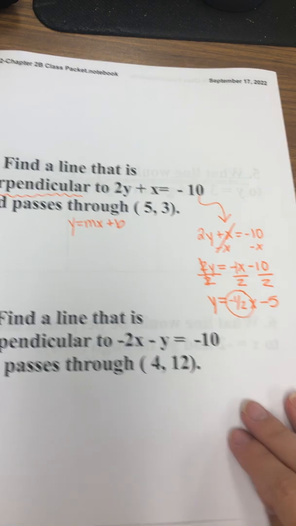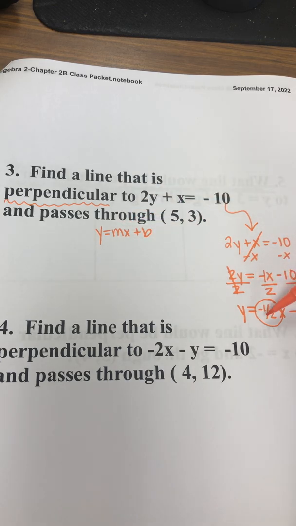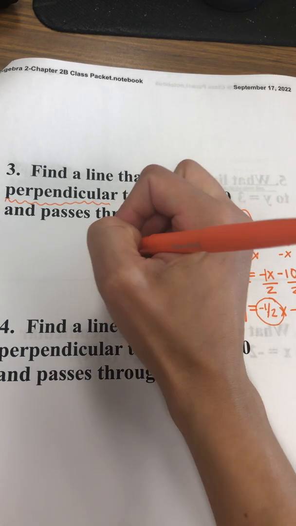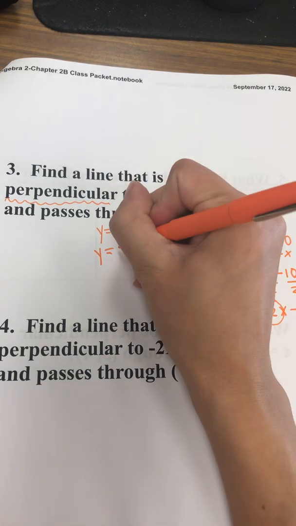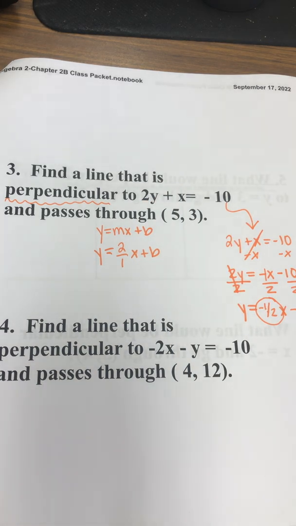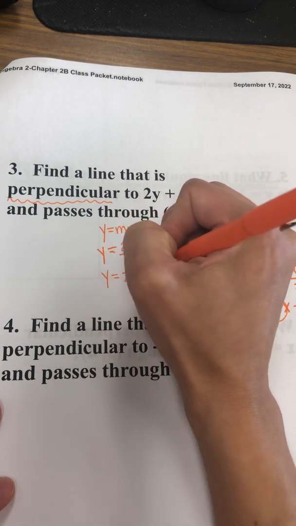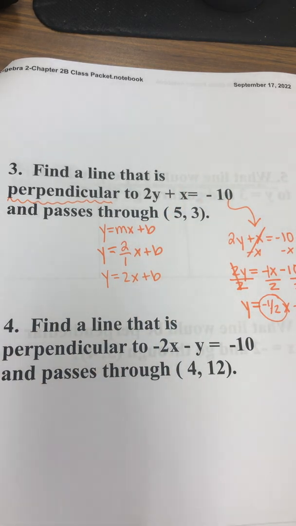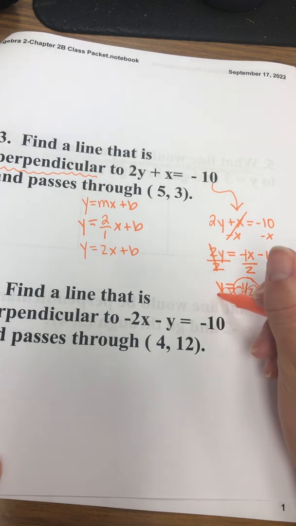Since it's perpendicular, that means I'm gonna have to take this m, I gotta change the sign, so my slope's gonna be positive, and I gotta flip it. So instead of 1/2, 2/1. That has to be my slope for my equation. I gotta change the sign and flip the fraction. Now, 2/1 can also just be 2x. Does not matter. But what does matter is I'm not using their -5. I could care less about that.